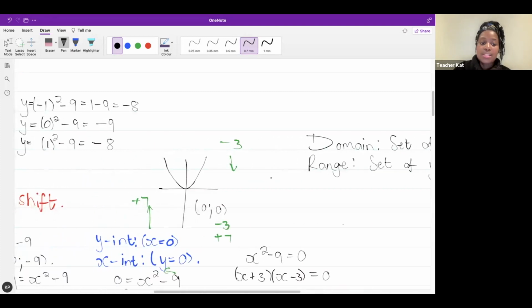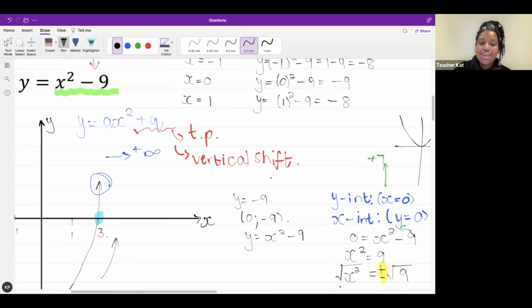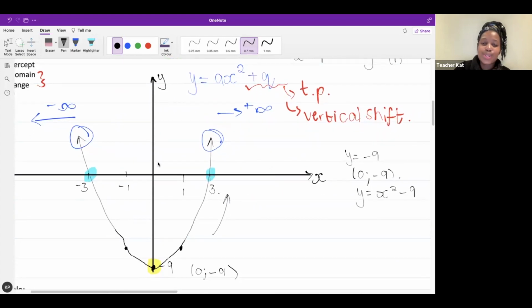Why did I say real numbers and not natural or whole numbers? Why did I say x is all real values instead of all the natural numbers? Because it's everything. Thank you. It can also be decimals. It will also be fractions.